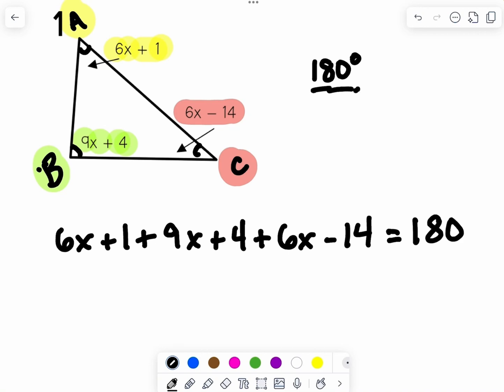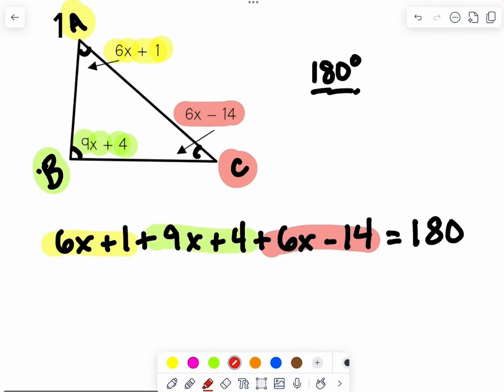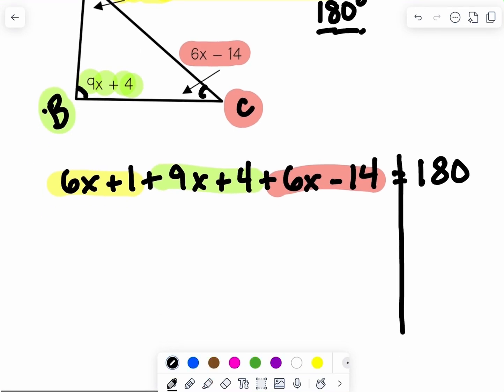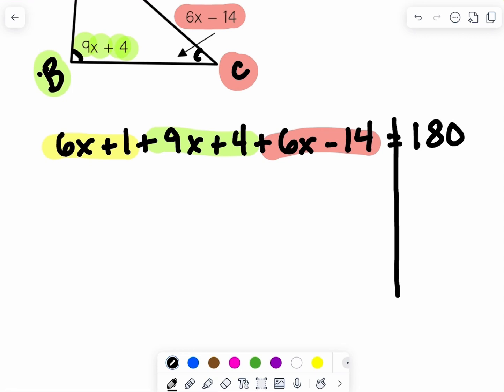So I just added up. All I did there was I added angle A, angle B, and angle C all together to give me 180 degrees. So before I can solve, and you can separate your variables and constants just like we always do, before I can solve, I have to combine like terms. So I've got my x values, 6x, 9x, and 6x.